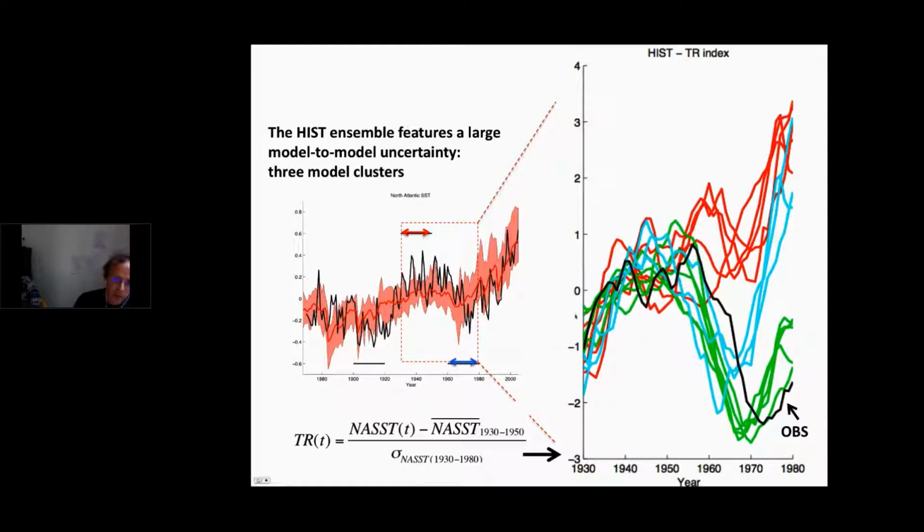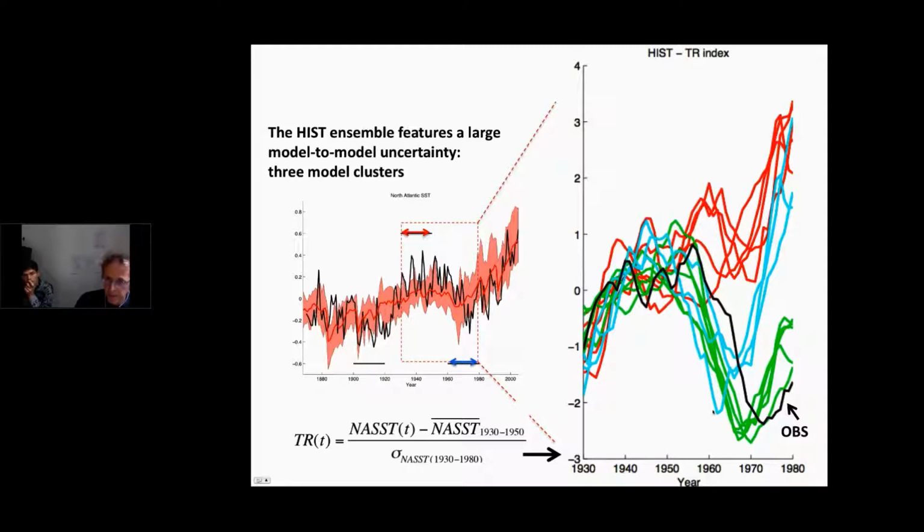And if you look at one specific diagnostic that we have introduced here, which is described mathematically in the lower part of this picture, this TR diagnostic was introduced to define the deviation of the North Atlantic sea surface temperature from the baseline mean computed over the initial 20 years of the period from 1930 to 1950. And this was introduced just to better disentangle the behavior of individual models.